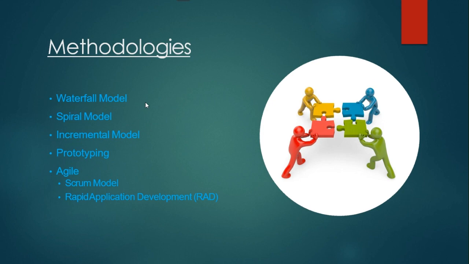For this, we have certain methodologies which we can use, like waterfall model, spiral model, incremental model, prototyping, and agile. To start with, the waterfall model was a very primitive model, very much used for very long projects. But now, as we have more technology and more models coming up in the market every day, it's very less used.